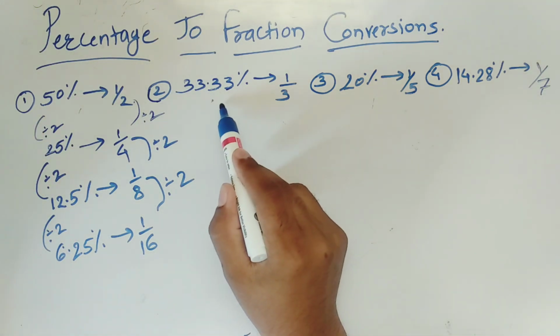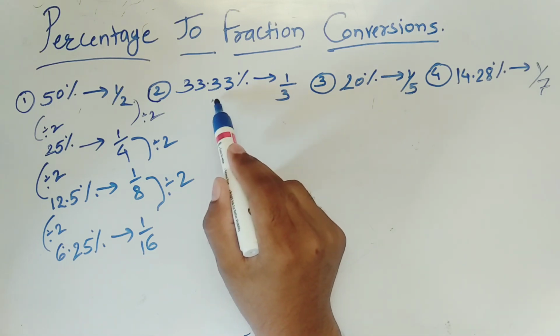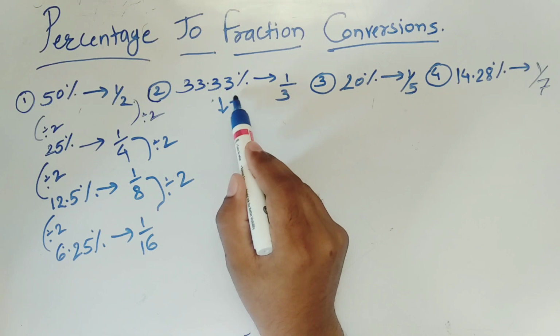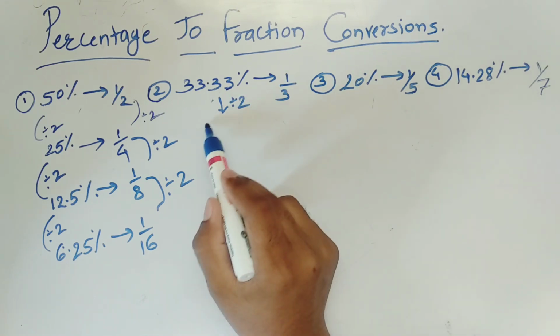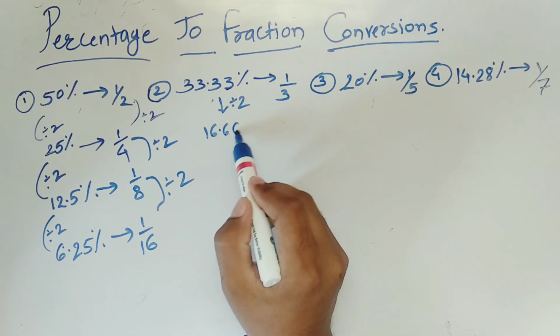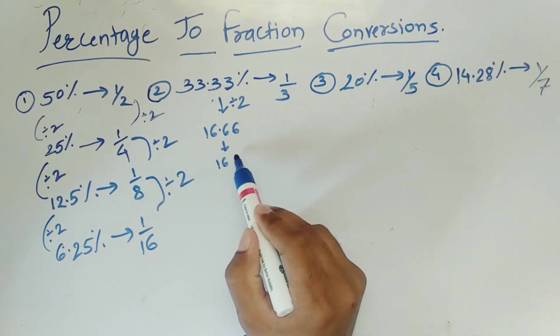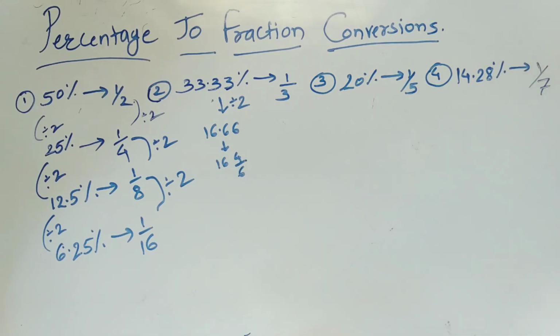So similarly for 33.33%, when this 33.33% is divided by 2, we get 16.66%, which can also be represented as 16 4 by 6.